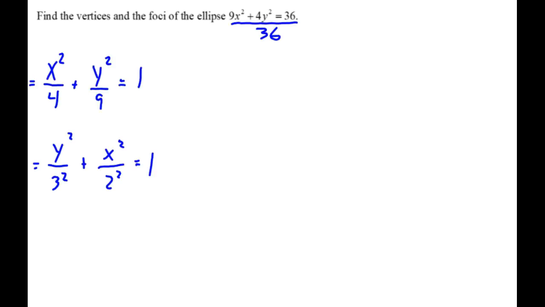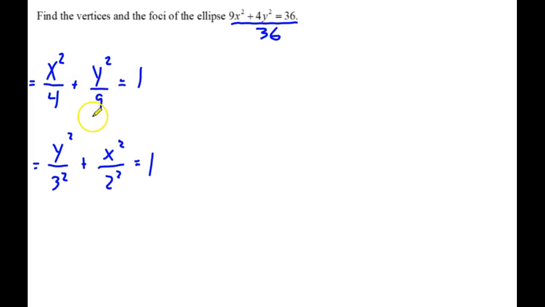First example, we want to find the vertices and the foci of the ellipse 9x squared plus 4y squared equal to 36. The first thing we need to do is divide by 36 so that the constant we're equal to is 1. When we do that, we get x squared over 4 plus y squared over 9 equal to 1.